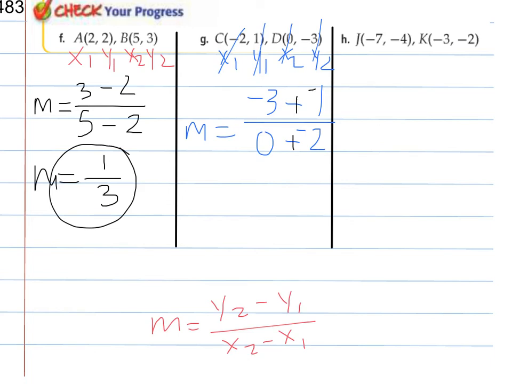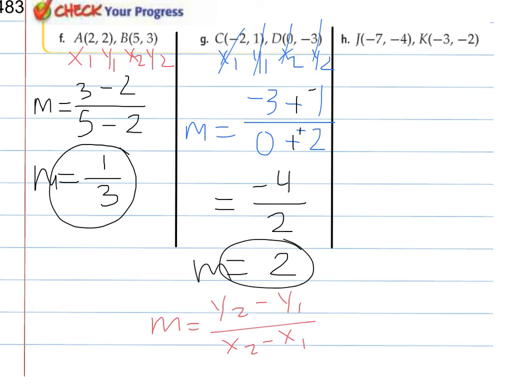Add the opposite, so I get a negative 4 up top and a 2 on the bottom. Negative 4 over 2 simplifies to 2. Slope of 2. But is it 2? Nope. Very careful, Miss Simmers. A negative over positive is a negative. Good checking myself there.